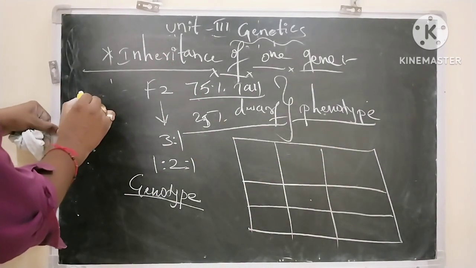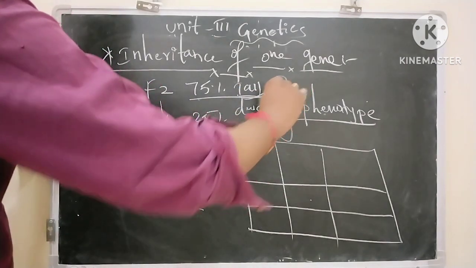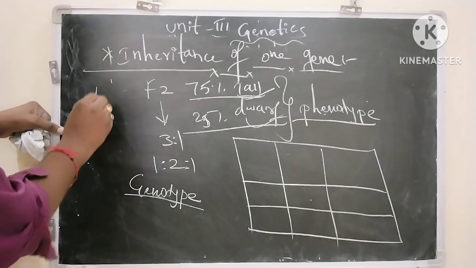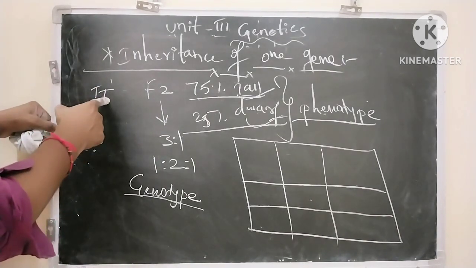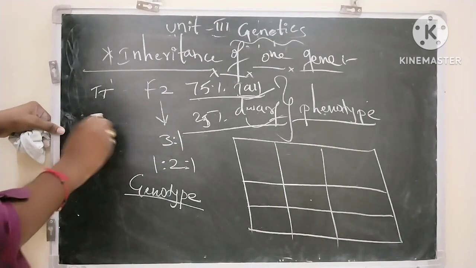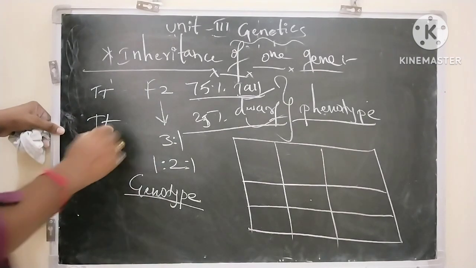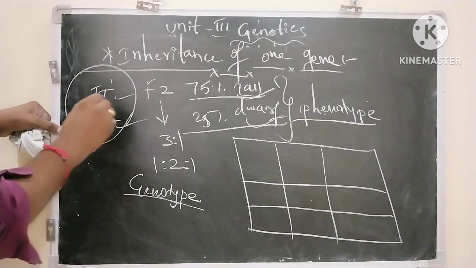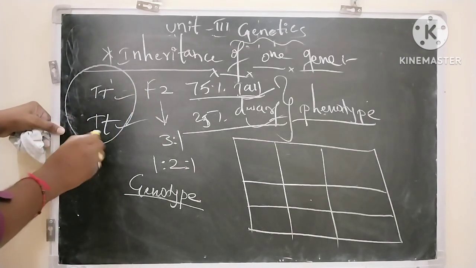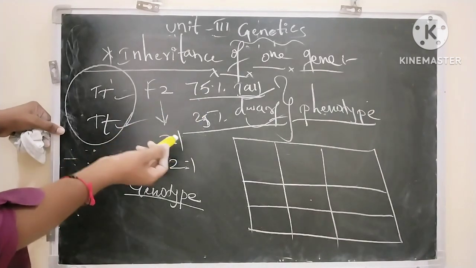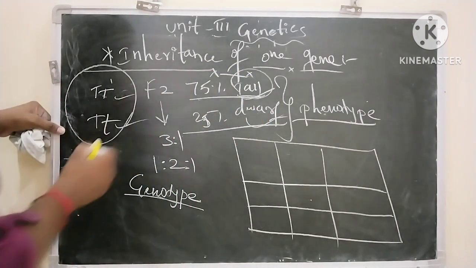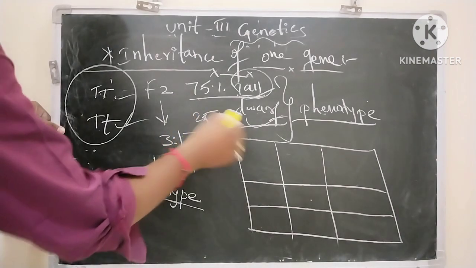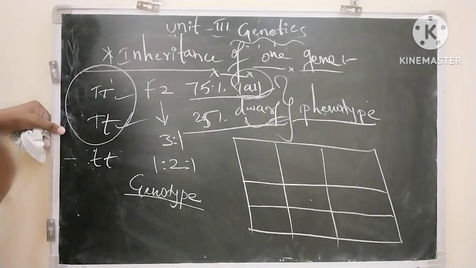For example, if they look tall, it is called phenotype. If they look dwarf, it is called phenotype. But why is this tall? Either because of these two alleles or because of this reason. But we cannot say what is present inside, whether this type of alleles or that type are present. We cannot predict the internal character based on external visible character. And no doubt this is small t and small t.